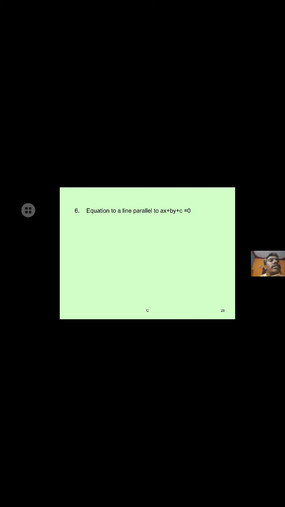This is the condition. So generally the x and y coefficients are the same, otherwise we have to convert them to look the same. So here options are given.